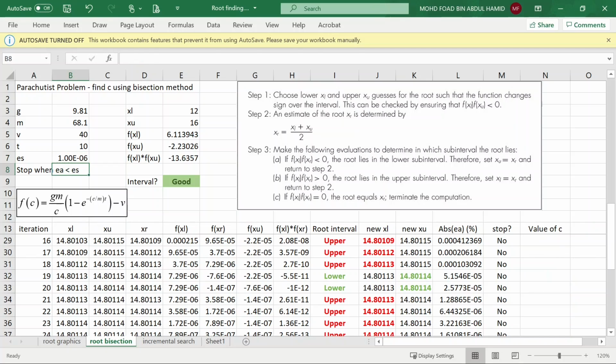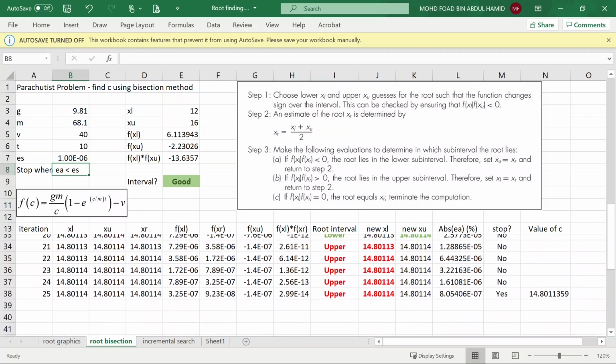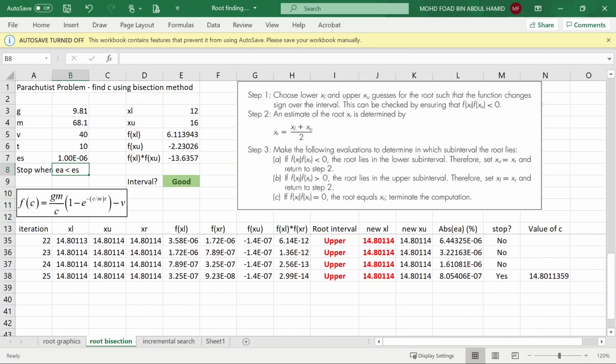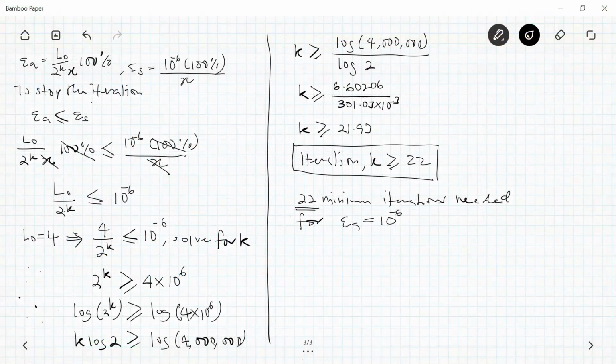It requires 25 iterations. So our prediction is about 22, but note that it should be greater than or equal to 22. So once you reach 22, there's a possibility that you can get the right number of iterations.